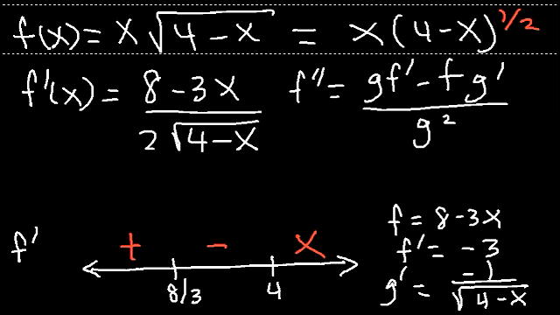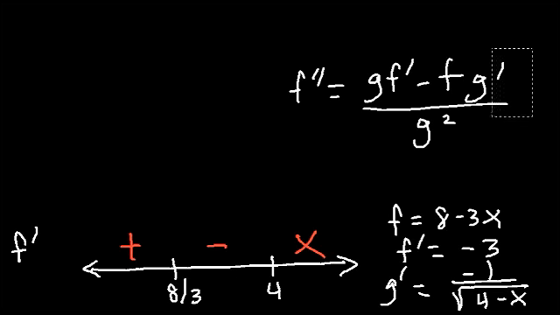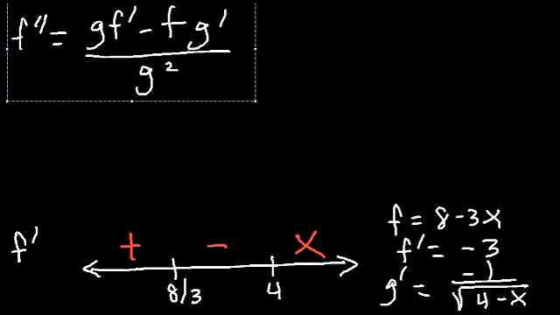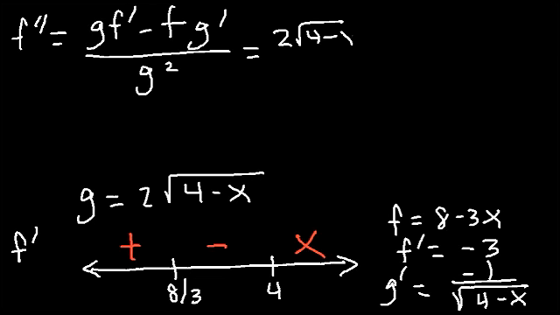So now we need to make some space. So g, which I got rid of, g was the bottom part of the function, which was 2 times the square root of 4 minus x. F prime is 8, actually it's just negative 3.